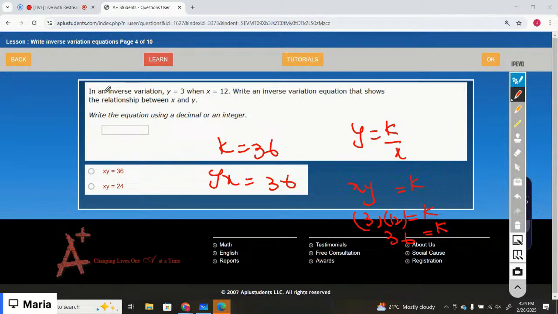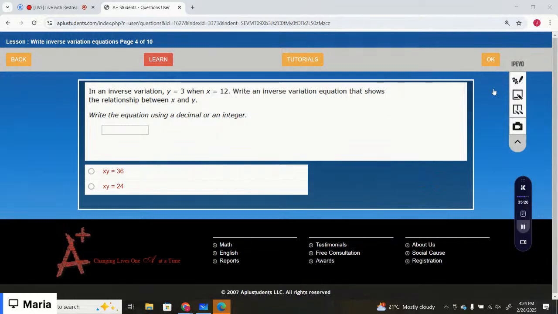So the correct option is option number 1, that is xy equals 36.